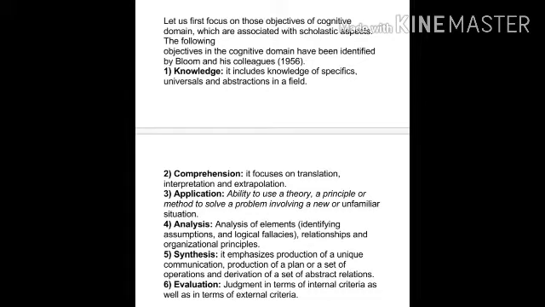It emphasizes production of a unique communication, production of a plan or a set of operations and derivation of a set of abstract relations. Sixth point, evaluation.